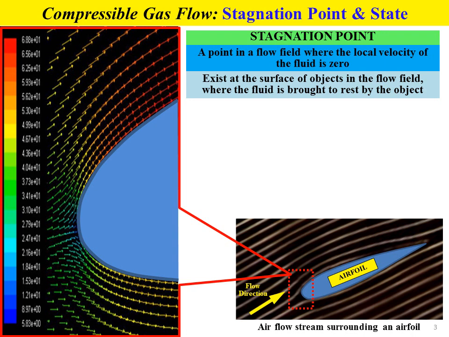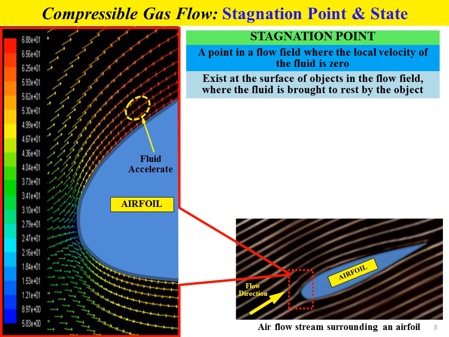The scale at the left side of the photo shows the magnitude of velocity, where the blue color shows the minimum velocity and the red color shows the maximum velocity of the fluid.